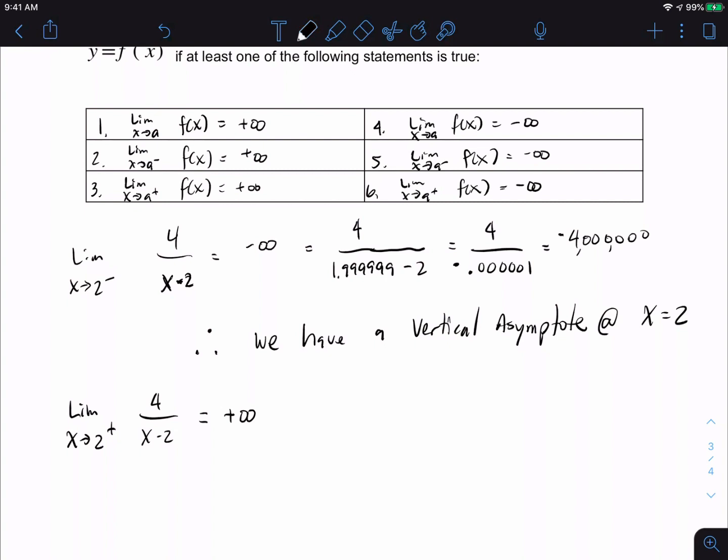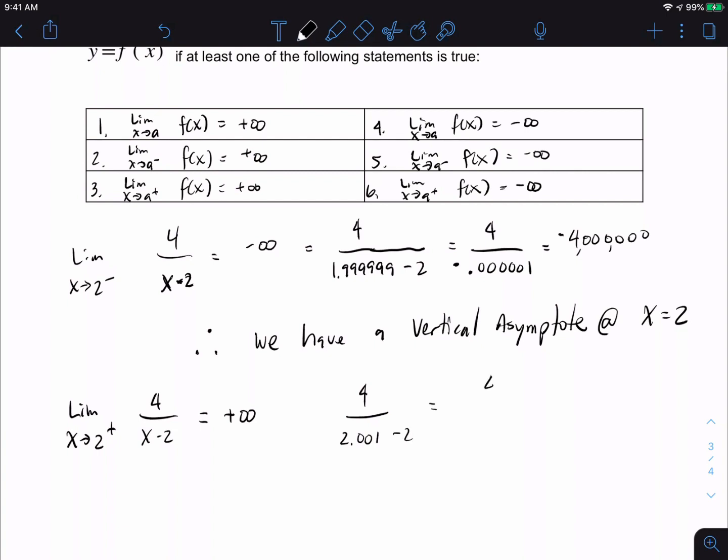So if you don't see it, you can always do it this way. And the biggest problem that people end up making is they don't understand right and left. So it's imperative that you guys understand which way you're coming from. So in this example, I'm coming from the right. So I'm going to go 4 over 2.001 minus 2.